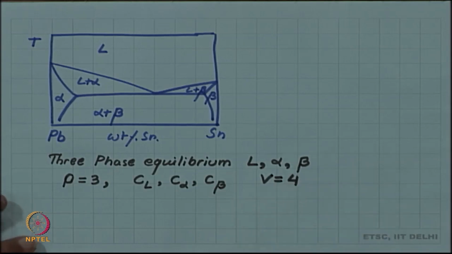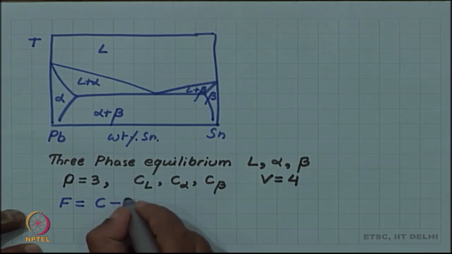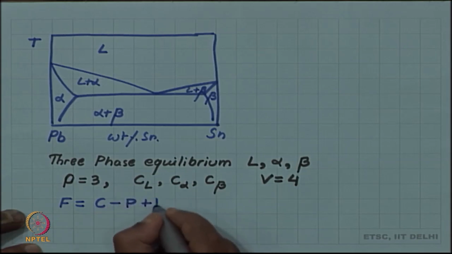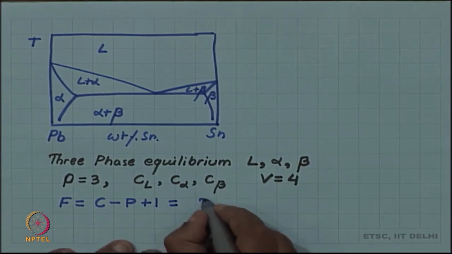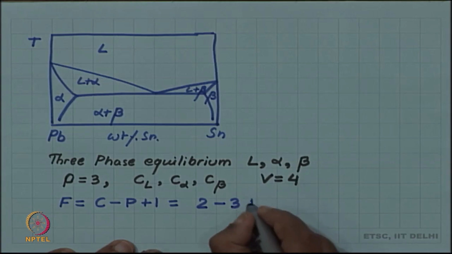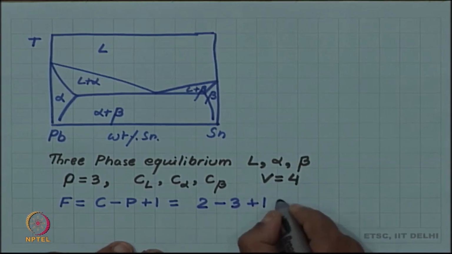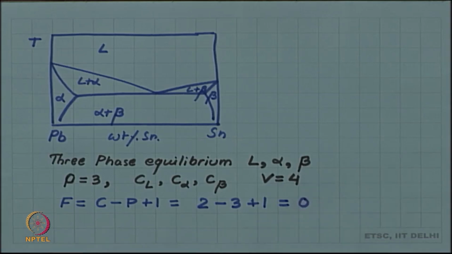So, I have many variables, but what has happened to the degrees of freedom? If I apply F is equal to C minus P plus 1, the number of components is 2, the number of phases has become 3, and I have 1 there. So, you can see that you get 0 degrees of freedom. What is it telling?